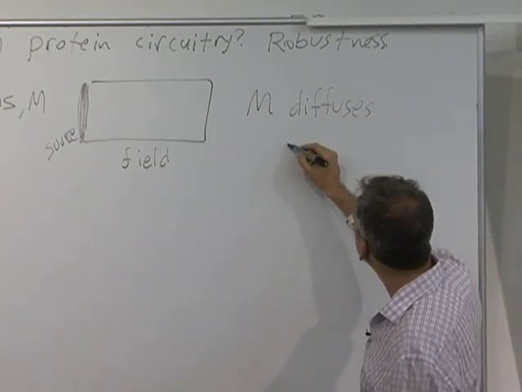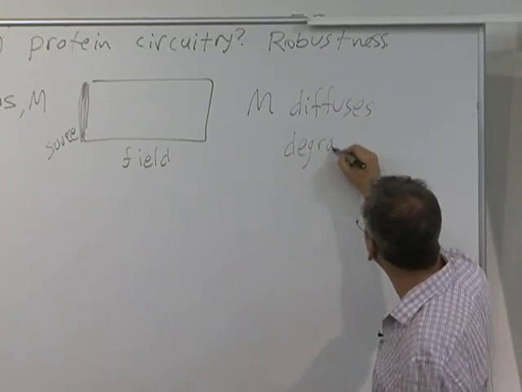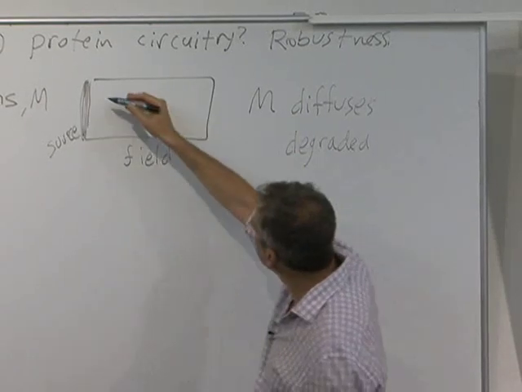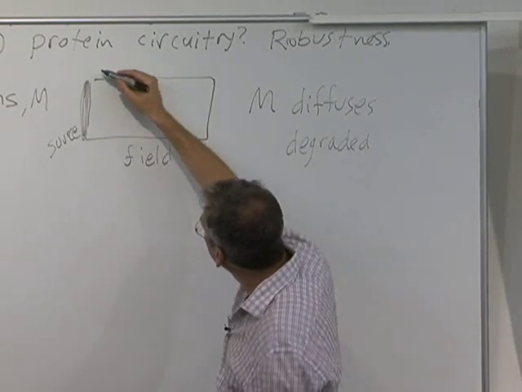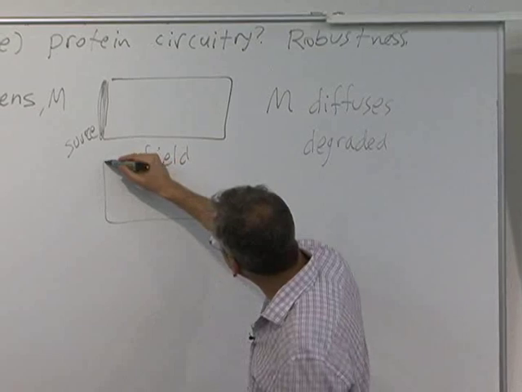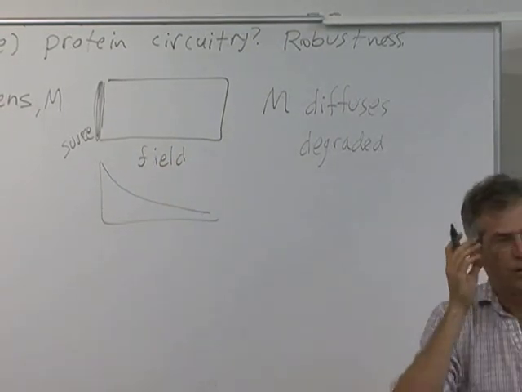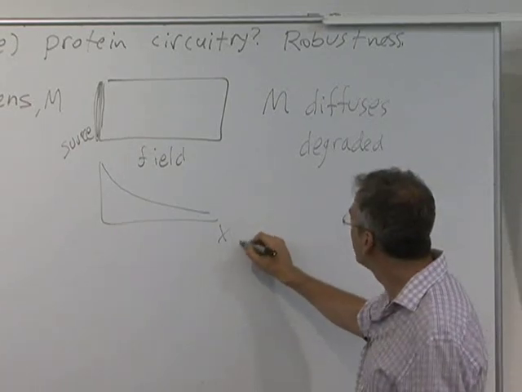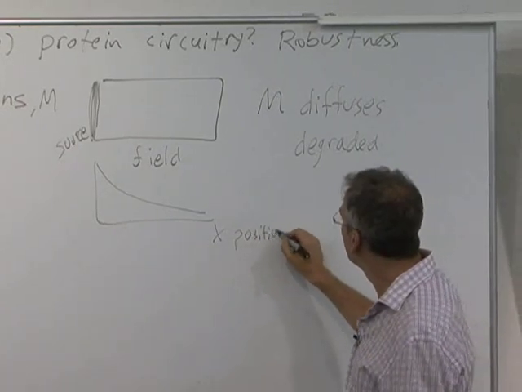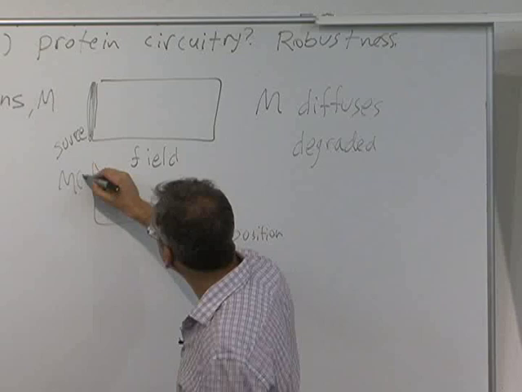And usually it also gets degraded. So it makes a concentration profile which is high at the source and then lower and lower into the field. This is the position. This is the morphogen concentration.